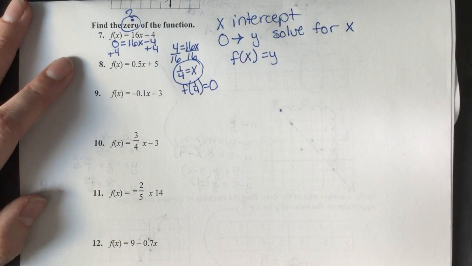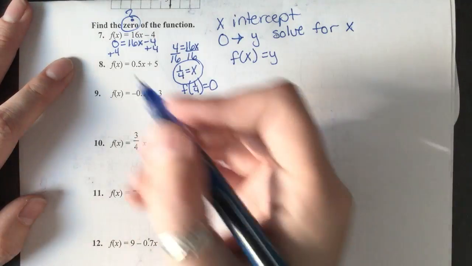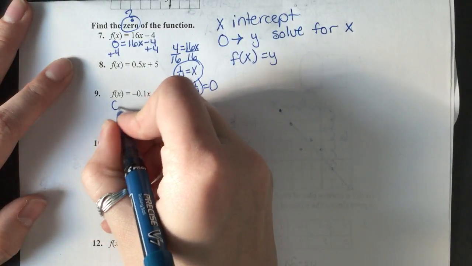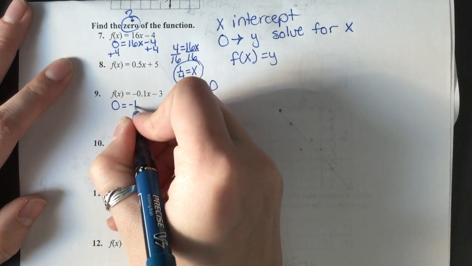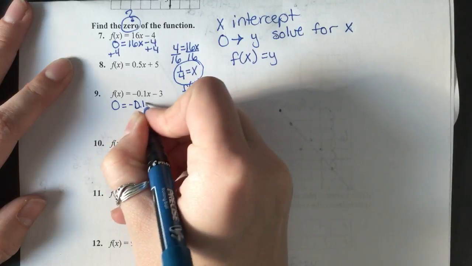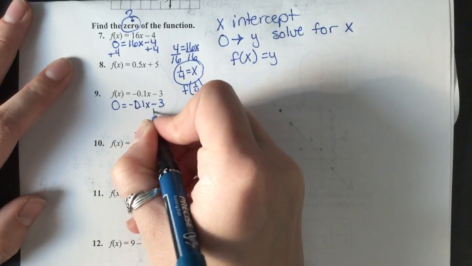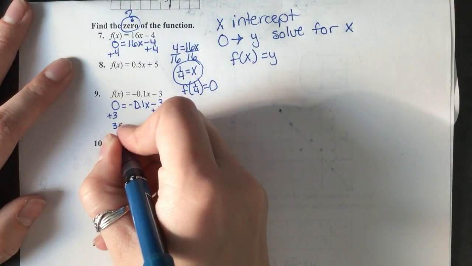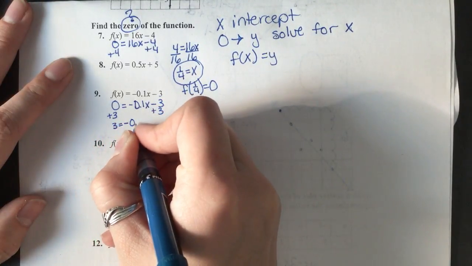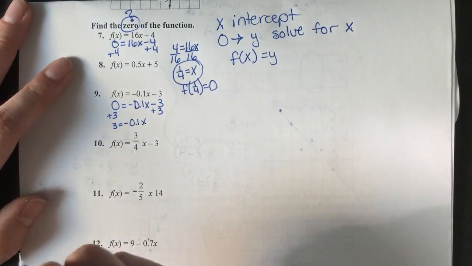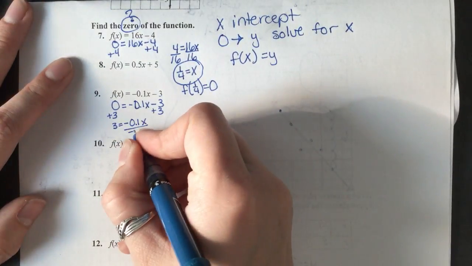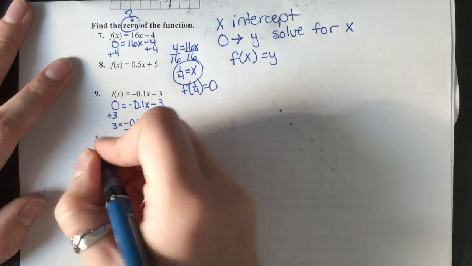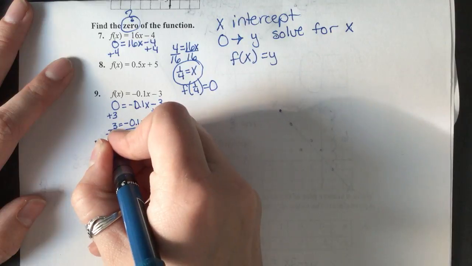Okay. We're going to skip 8, mostly because I don't have enough room. 0 for f of x, negative 0.1x minus 3, add 3, add 3. 3 equals negative 1/10 x. Divide by negative 1/10.